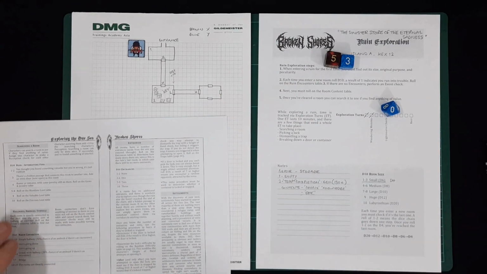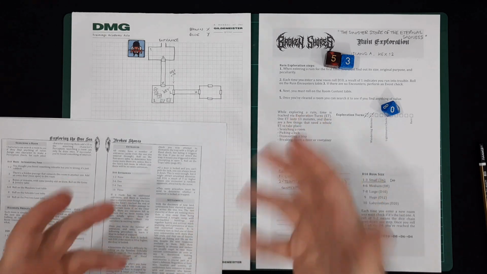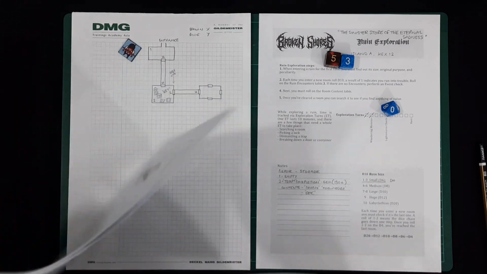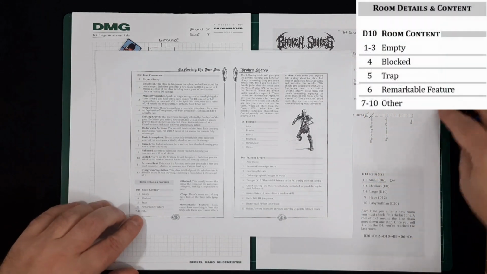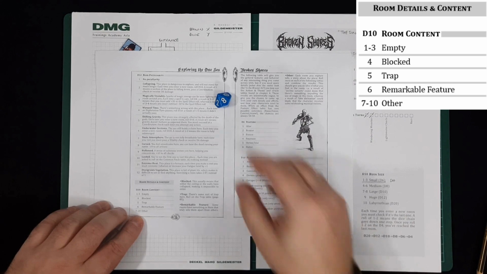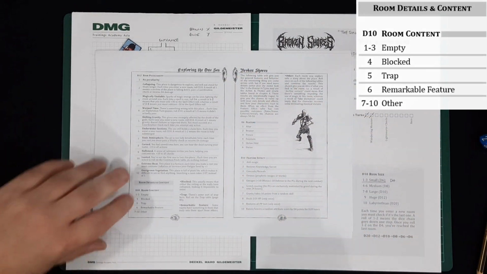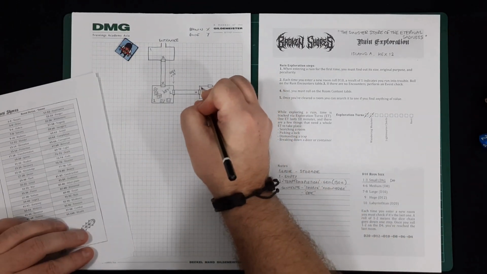Excellent. Now I want to find out what's in the room first, because like I say, if there's going to be some kind of encounter, there may be elements in the room that I can use. So, room content, where are you? Room detail and content, a D10. Get an 8. Other again. All right, so this is going to be room 3.